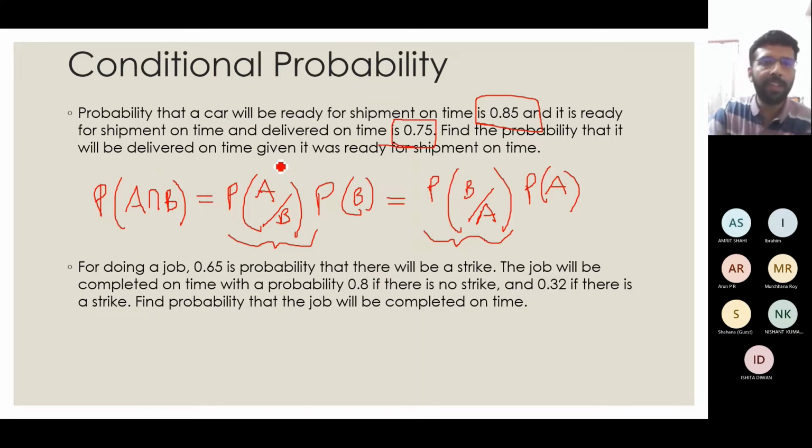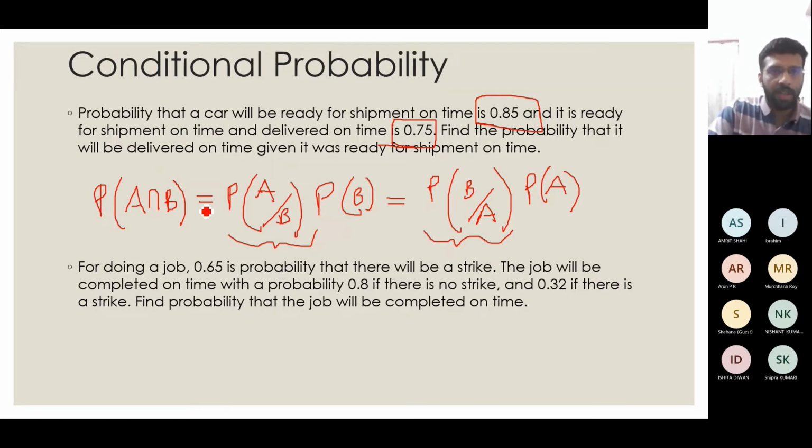Find the probability that it will be delivered on time given that it was ready for shipment on time. So here we are supposed to find this intersection probability, that is, it was ready on time and it was delivered on time. From this we are told that it is made ready with a probability of this.